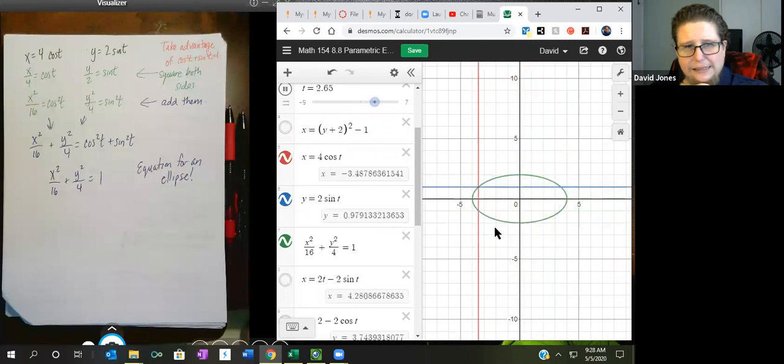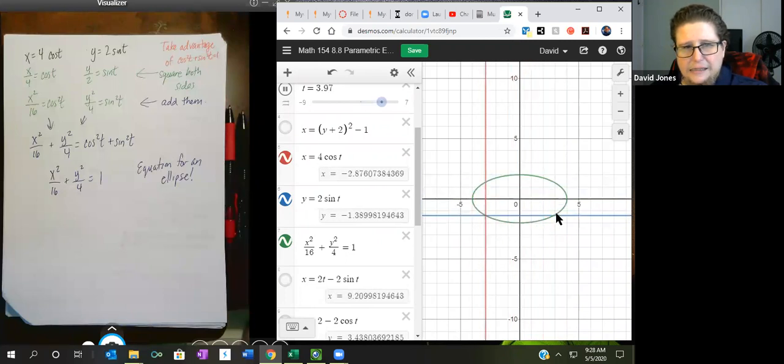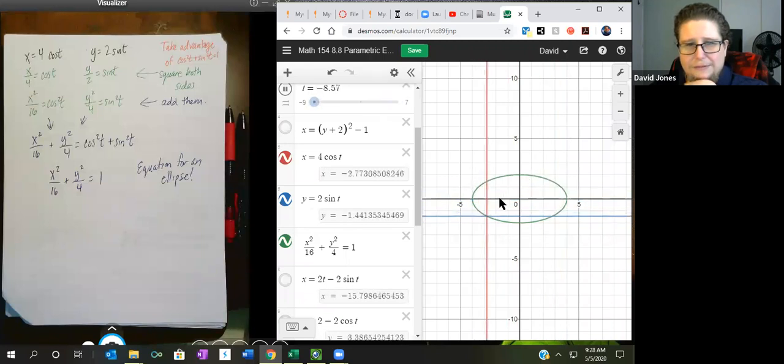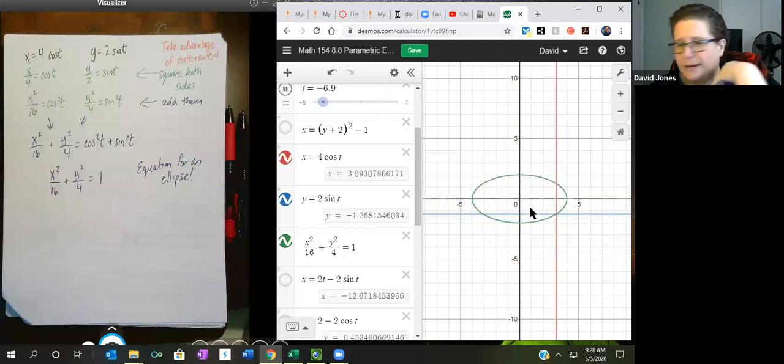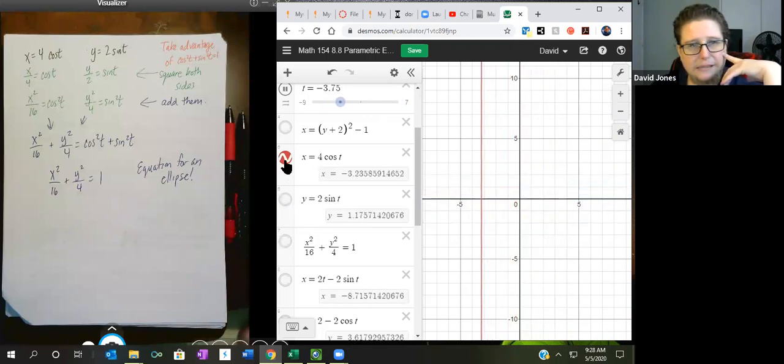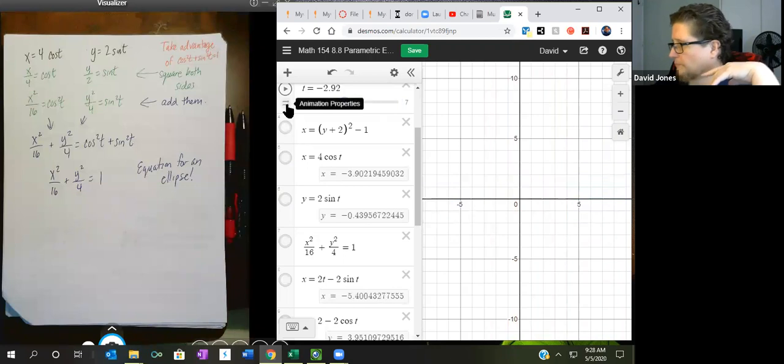Kind of neat, right? And since I have t going for so long, it just keeps going. It keeps making loops around the same ellipse. Okay.